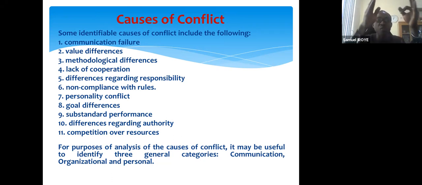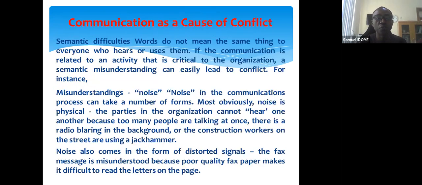So all these factors that cause conflict can be categorized into three. One, communication; two, organization; three, personal. I will enjoin you also, before we go further, that you make an attempt to give your own definition of conflict.